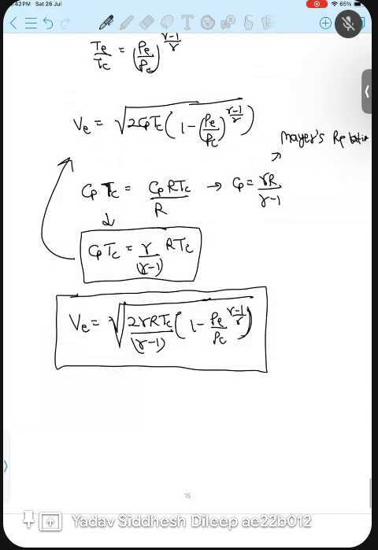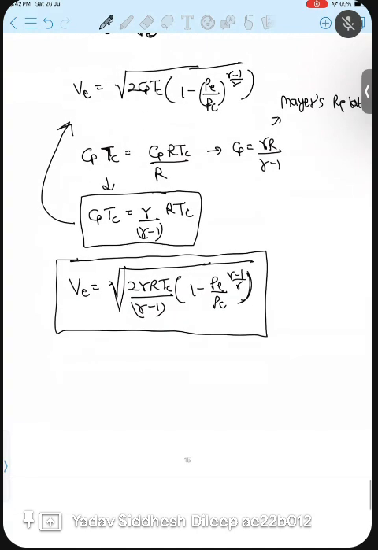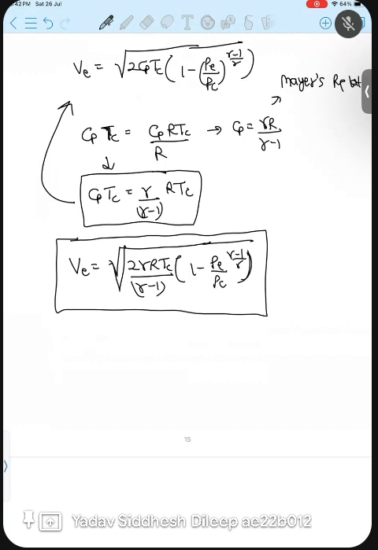Checkpoint. Now, from the previous class, if you remember, we wrote C star as the square root of R Tc upon gamma times a function of gamma.